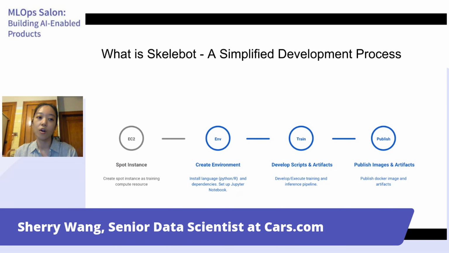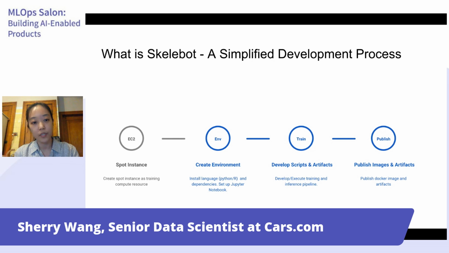Before we start going into what Skelebot is, I want to talk through a simplified machine learning development process. At least this is a process that we follow at Cars.com. So we use Spot instances on AWS. Whenever we want to develop anything, pretty much every day we just start by spinning up a Spot instance, requesting the resources that we need, and then we have to create our own development environment.